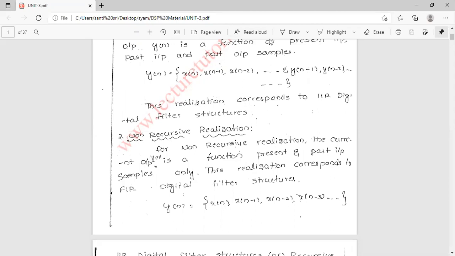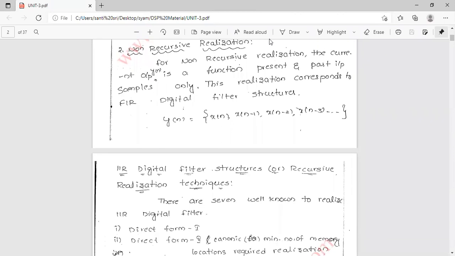So in recursive realization, the output depends upon the present input, past inputs, and past outputs, whereas in non-recursive realization, the output depends upon the present input and past input samples. Recursive realization is named IIR digital filter structures, and non-recursive realization is named FIR digital filter structures.